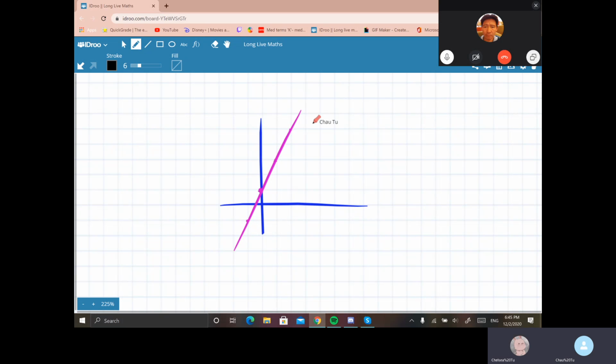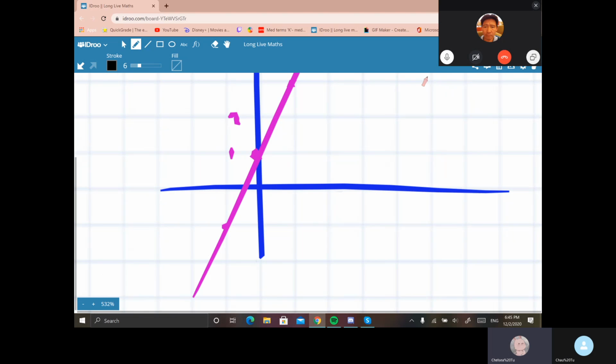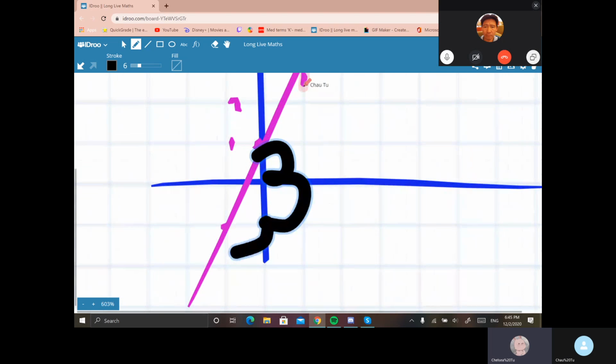Y equals 2x plus 1. How do you know the gradient is 2? Because the up and down is 2 and the across is 1.